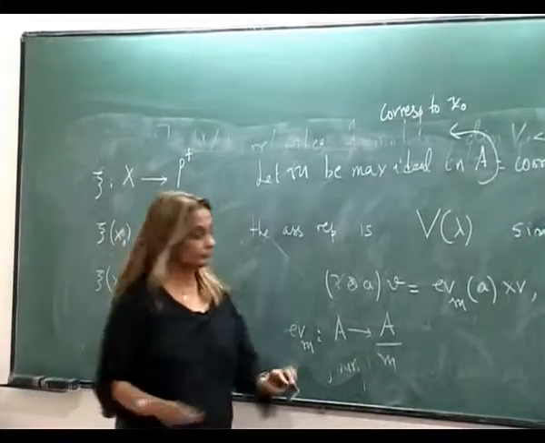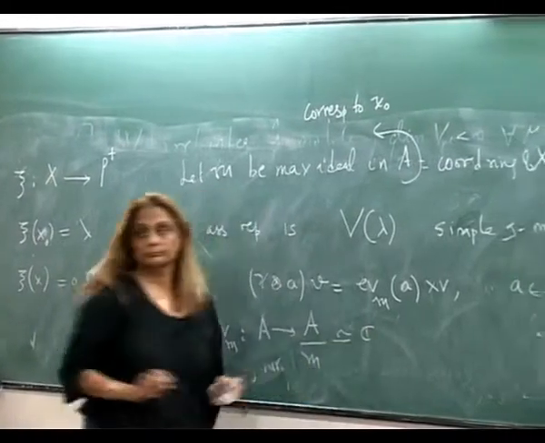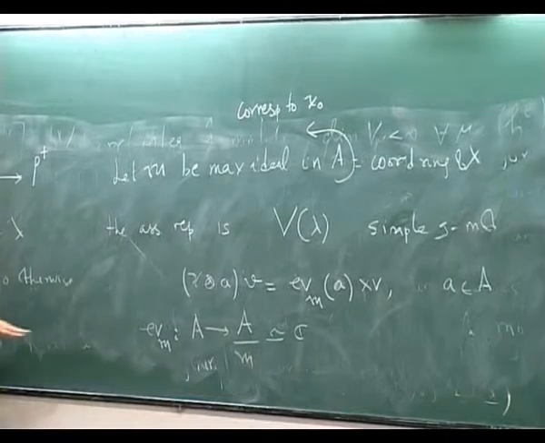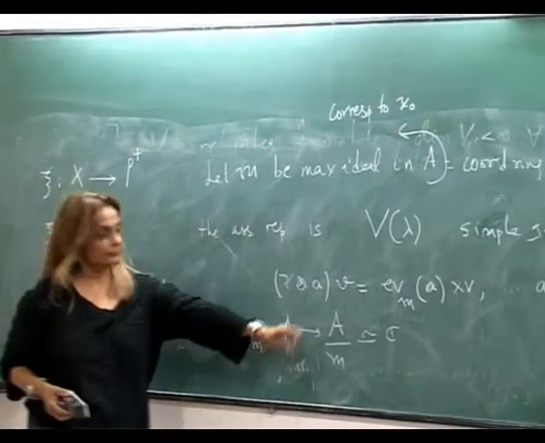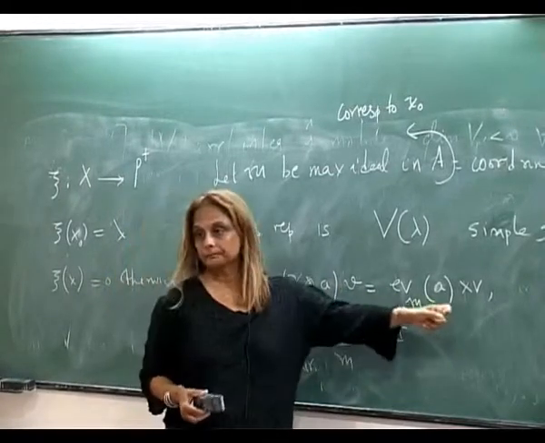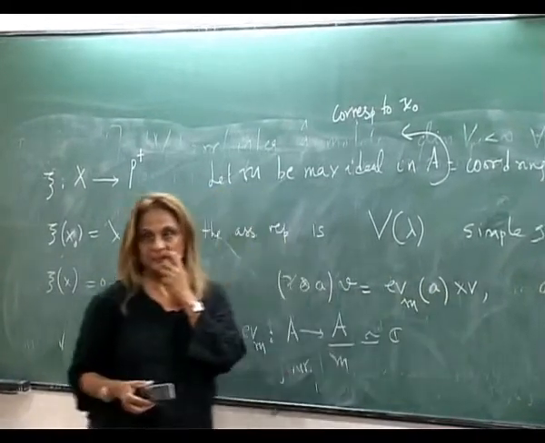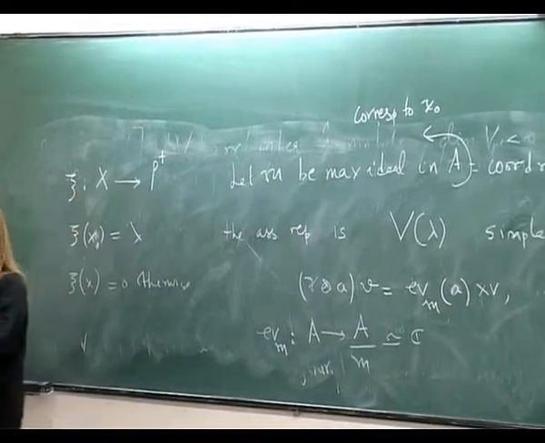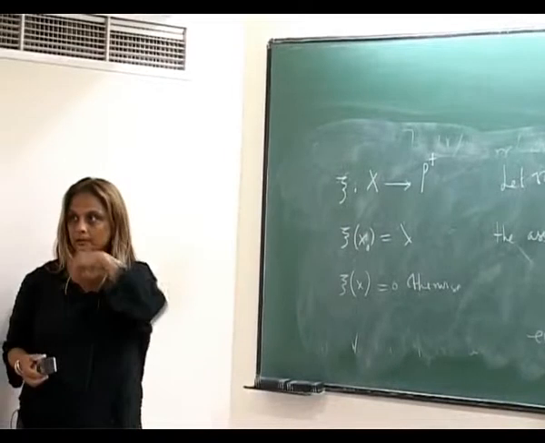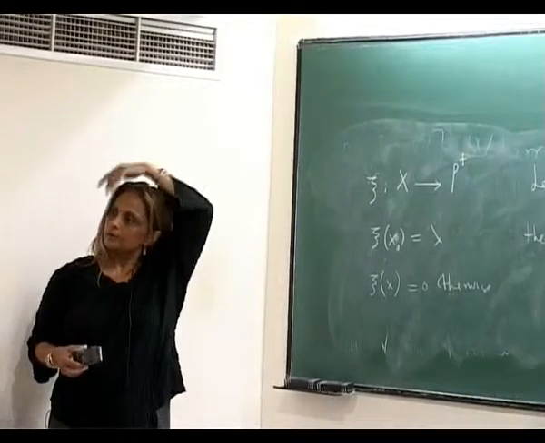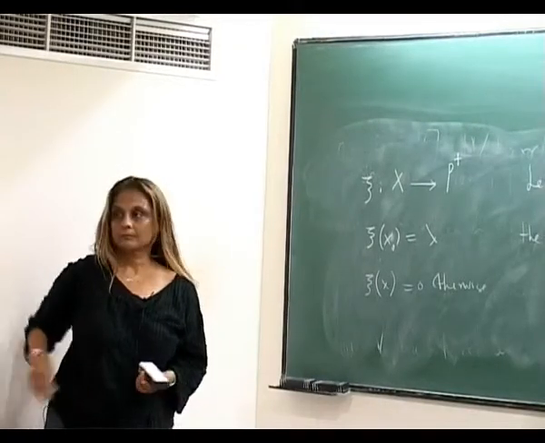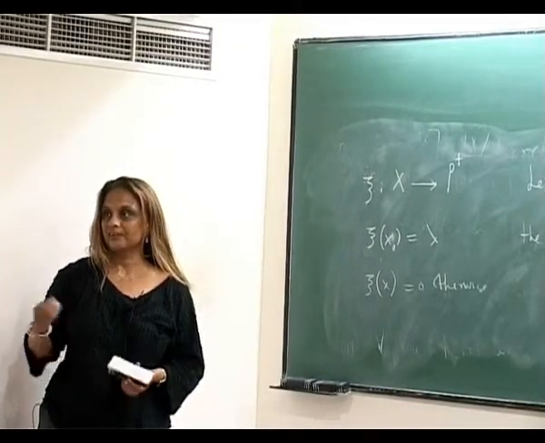A mod M is C. Right? We're working always over the complex numbers. So this is our homomorphism. So x tensor a. So these are called evaluation representations for this reason. Okay? Is that vaguely clear? Sorry, is there a question?